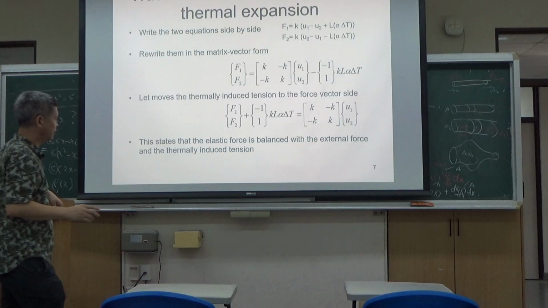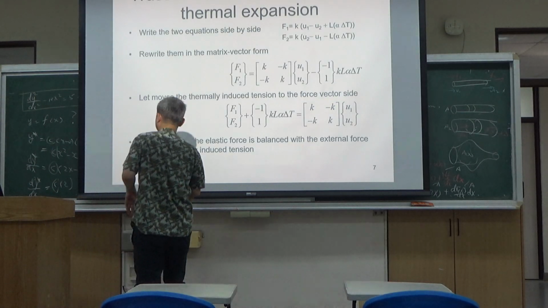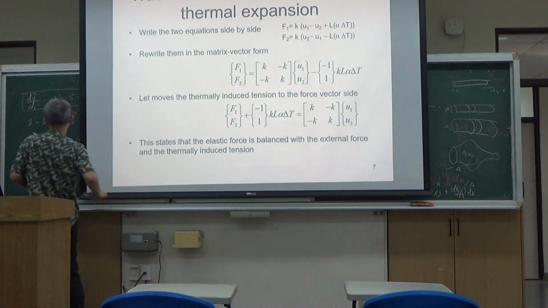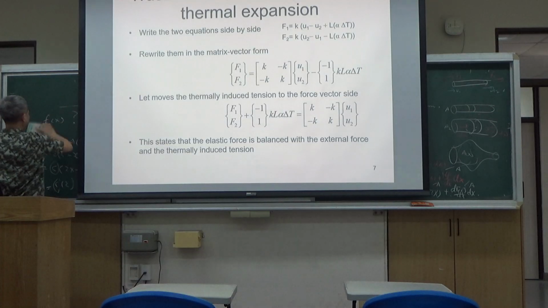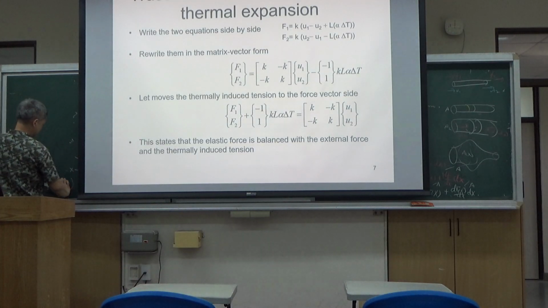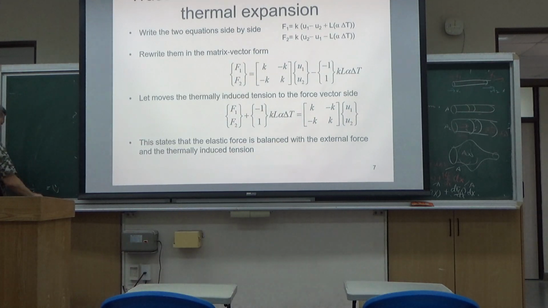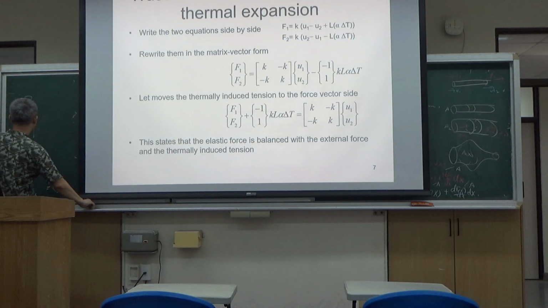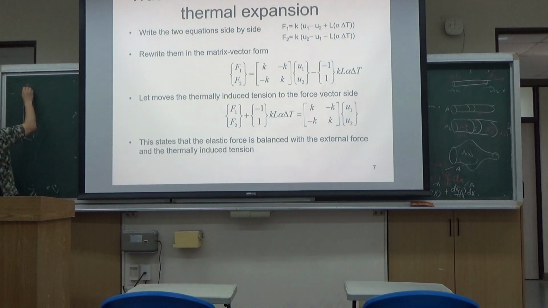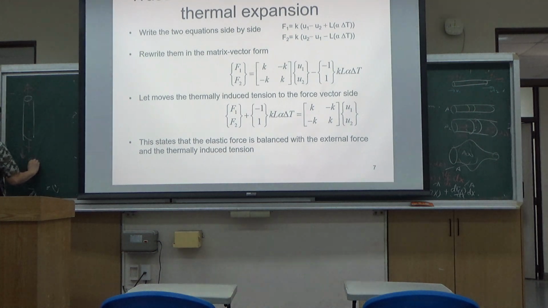For any rod subjected to thermal expansion, you are always writing it. Okay, so let's see. If you now have the rod being heated up, it's going to expand toward the top, it's going to expand toward the left. So this is now equivalent to the thermal pulling force.